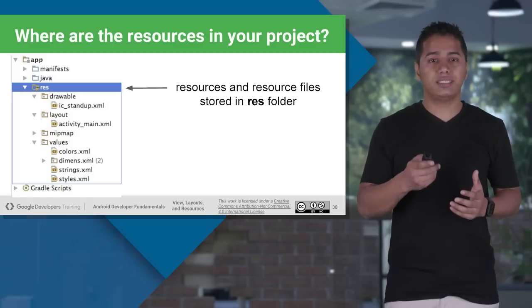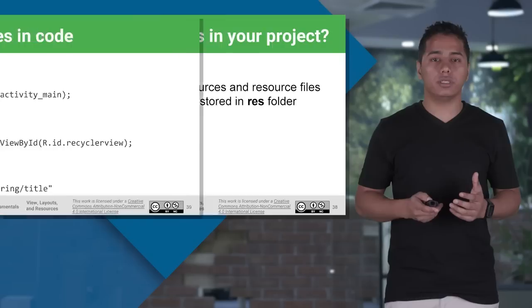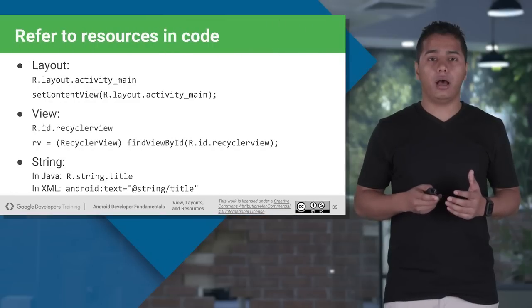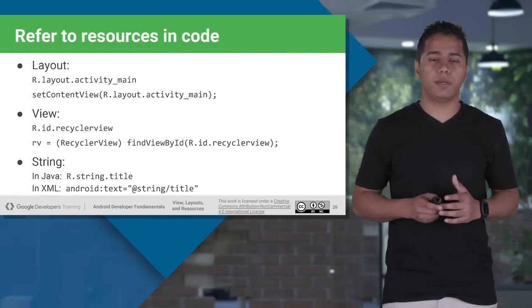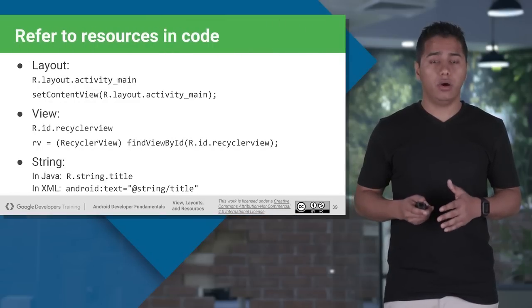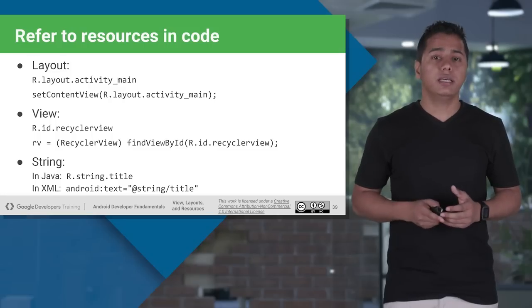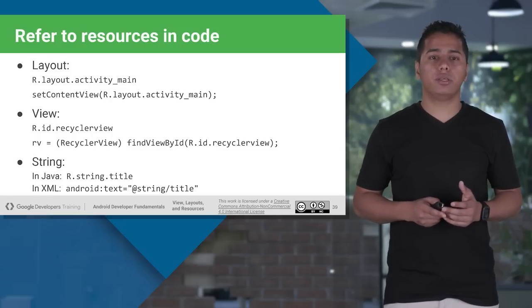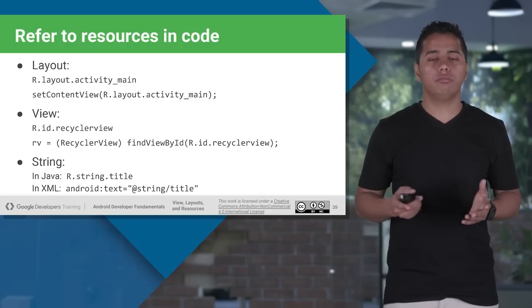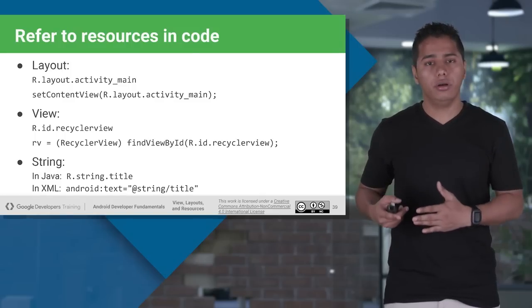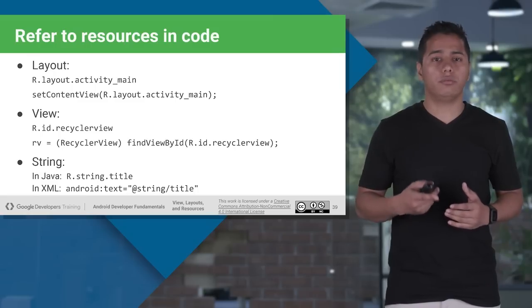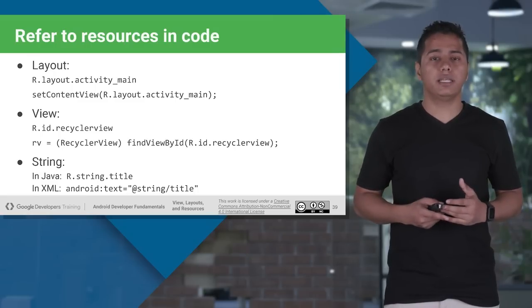So res is the folder where you will be putting all your resources, and how you access your resources, especially if it is a layout one: you will access your layout resources by using R.layout, then the name of your resource file which you have defined inside your res folder, as in my case, activity_main.